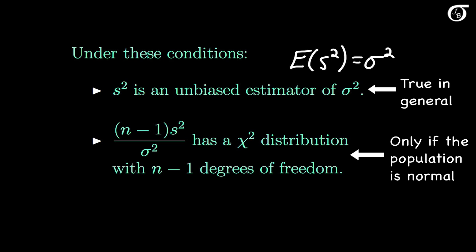If we are sampling from a normally distributed population, then n-1 times S squared over sigma squared is a random variable that has a chi-square distribution with n-1 degrees of freedom. This is the Greek letter chi, in case you haven't seen that before. We are going to base our inference procedures for sigma squared on the chi-square distribution. A consequence of this is that confidence intervals for variances are created in a slightly different way than confidence intervals for means.